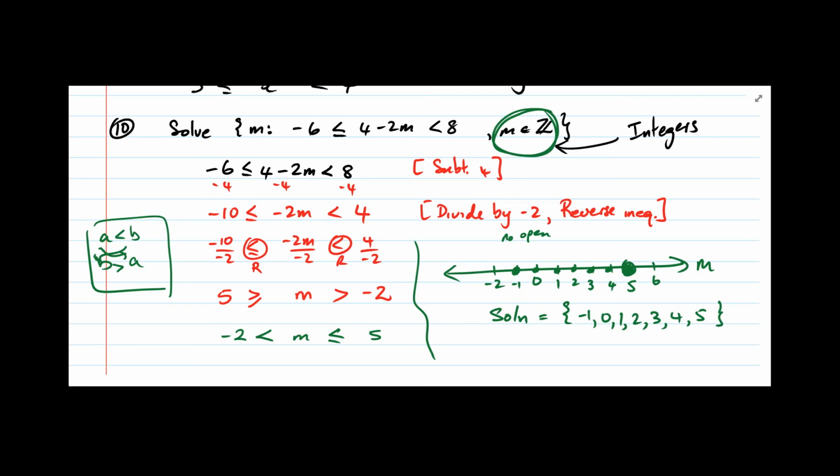Absolute value is the same thing as modulus. This is what you've been doing before in previous classes. If you haven't done it, then you'll be introduced to what we're about to do.